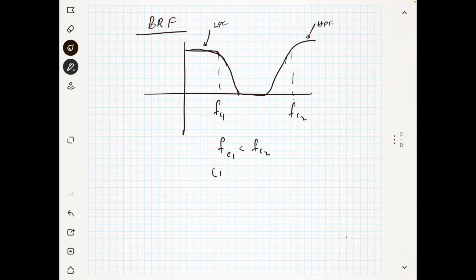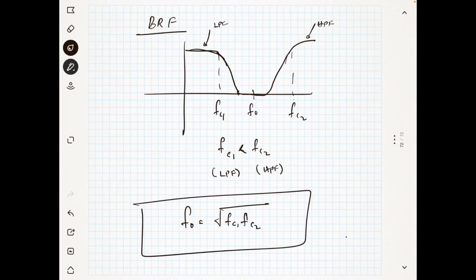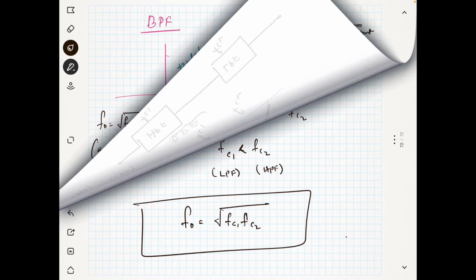FC1 is for the low pass filter and FC2 for the high pass filter. That is the difference. You can also make it in the same way, but there are some other kinds of designs that we will see later. This band reject filter also has the center frequency F0. How to find F0? It is the square root of FC1 into FC2. So this is how you can find the response of a band reject filter.